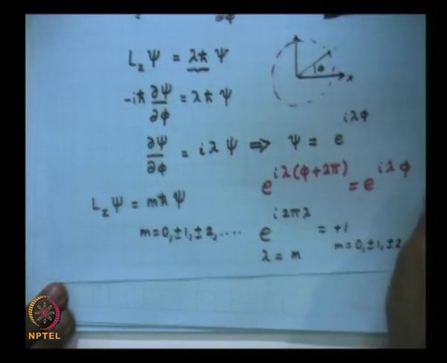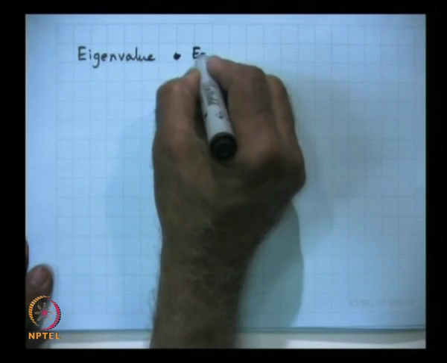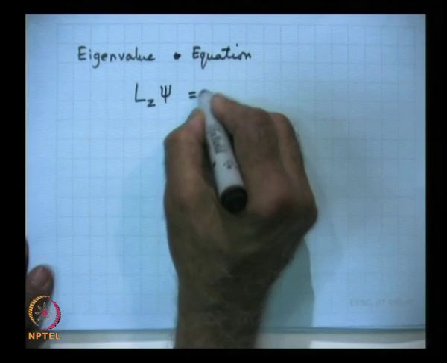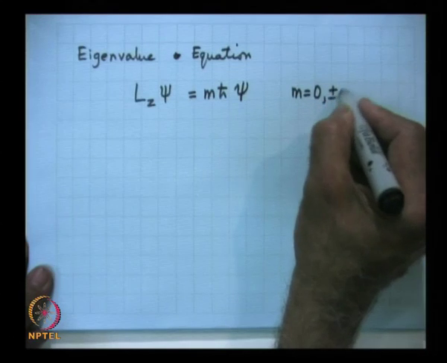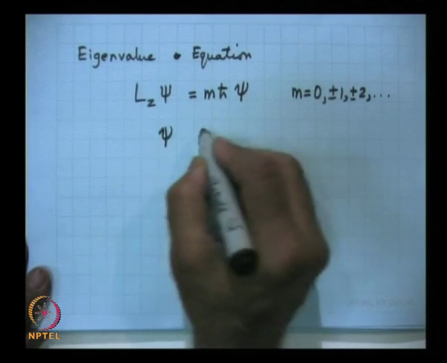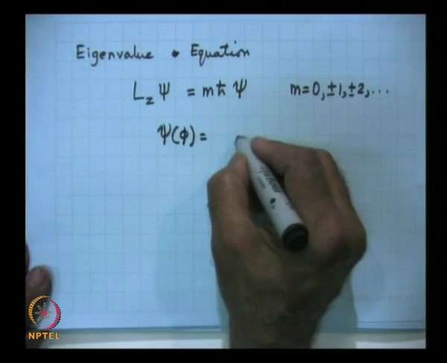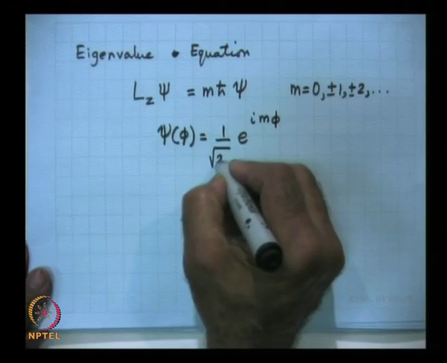And what are the corresponding wave functions? Therefore, the solution of the eigenvalue equation Lz psi is equal to m h cross psi, where m will take the values 0, plus minus 1, plus minus 2, etc. And the corresponding phi dependence only, one cannot say anything about the r and the theta dependence, will be e to the power of i m phi, and to normalize it you will have 1 over the square root of 2 pi.